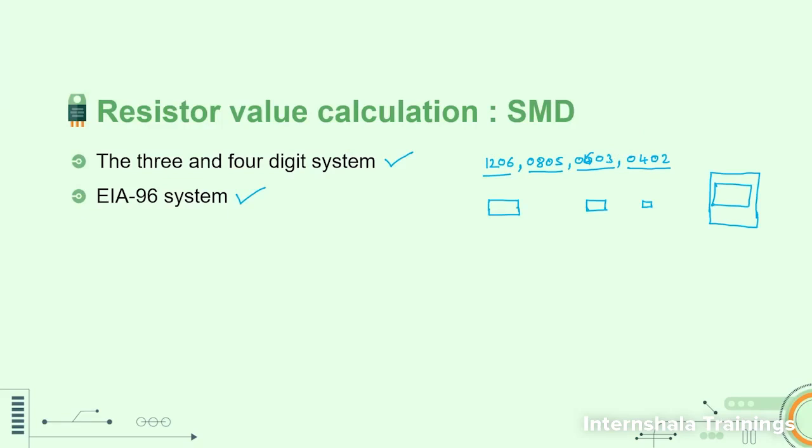In the EIA-96 system, there is a chart with different values. Based on the code present on top of the 0603 resistor, you check that code in the chart, and that's how you find out the value of the 0603 resistor.